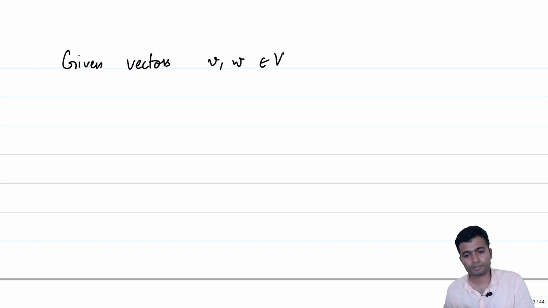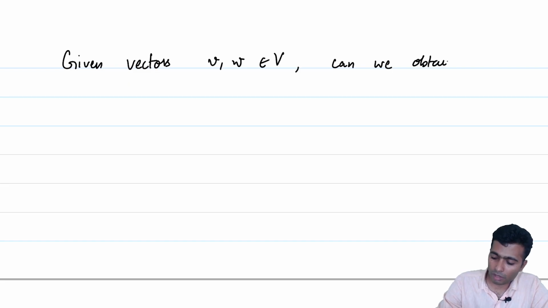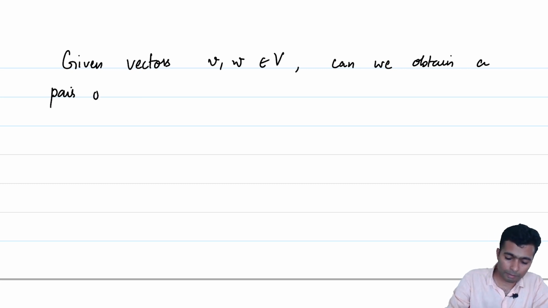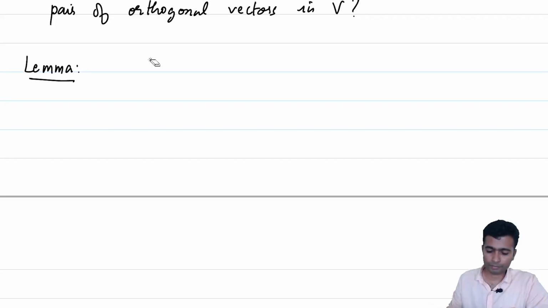So given two vectors, can we obtain a pair of orthogonal vectors in V from this? This is a question we would like to answer.